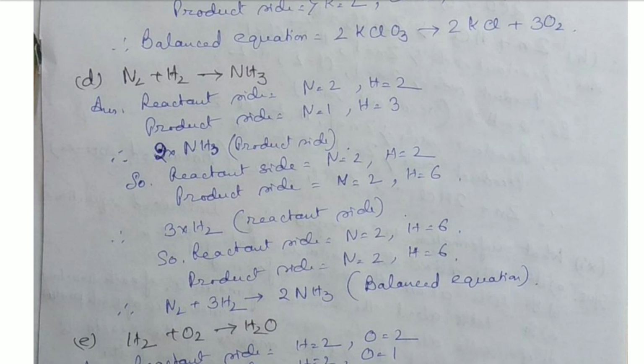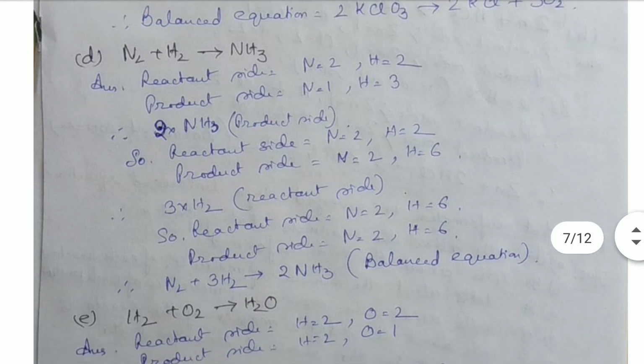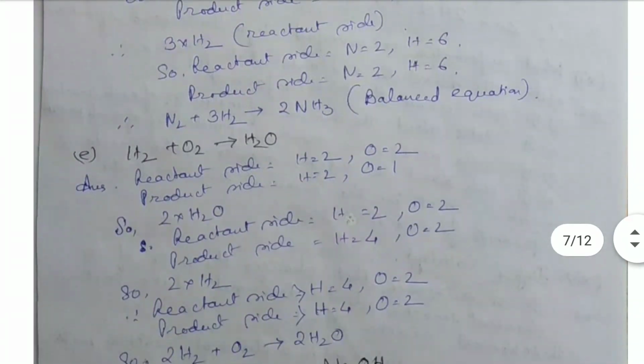So to make it 6, we multiply the reactant side hydrogen, that is H2, by 3. Now the reactant side becomes N is equal to 2 and H is equal to 6, and the product side N is equal to 2 and H is equal to 6. So the final equation becomes N2 plus 3H2 gives 2NH3.